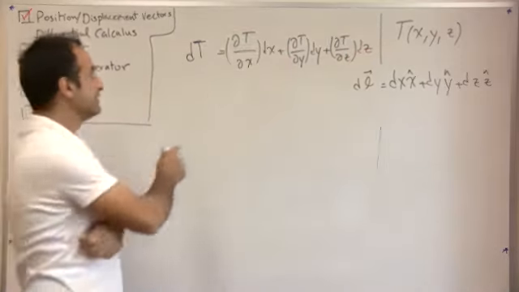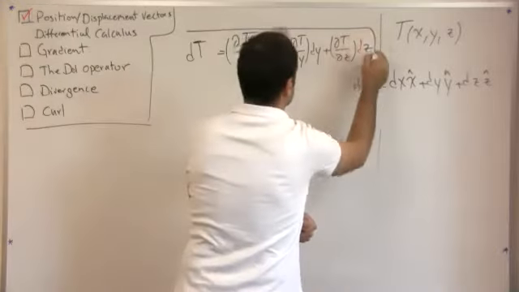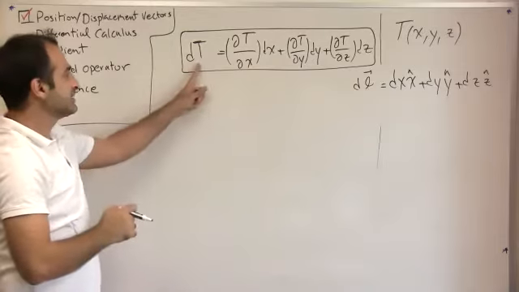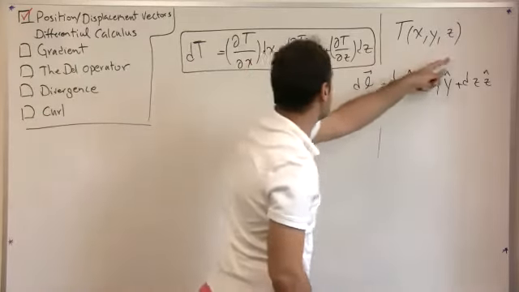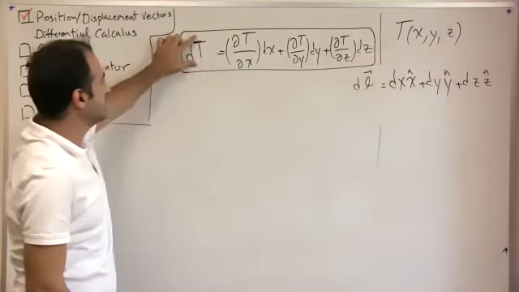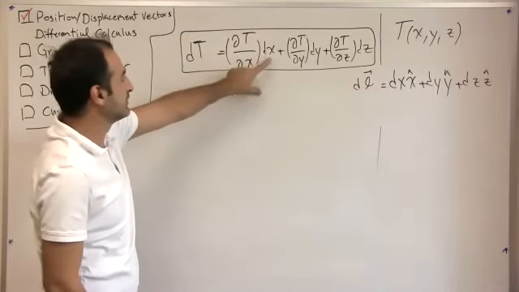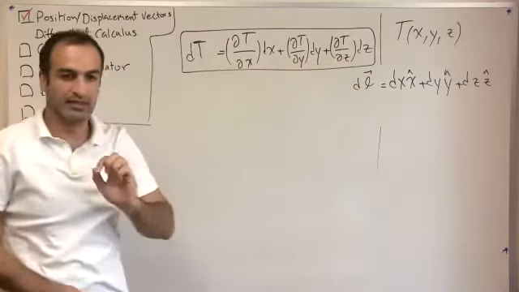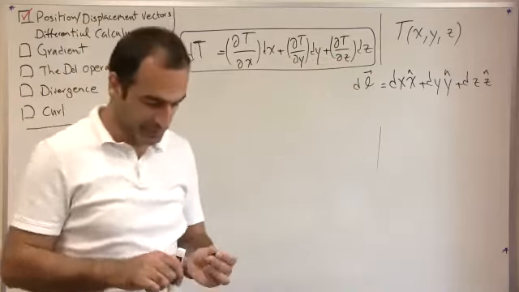So this comes from the partial derivative theorem. t is a function of three variables, and a small change in this should be this derivative times dx, this derivative times dy, and this derivative times dz. This is just the mathematical definition of the partial derivative.